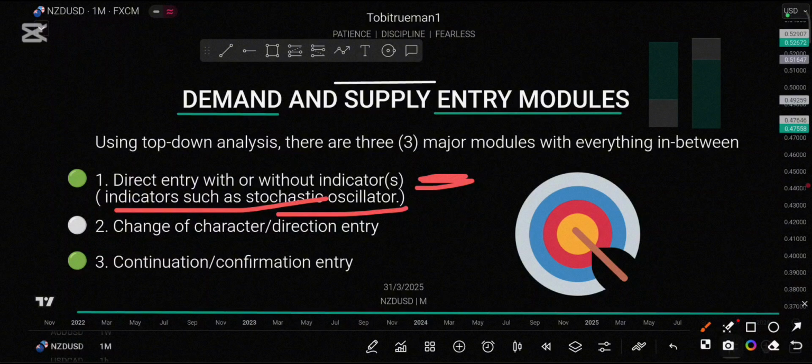We can also do it without an indicator, whereby we just look at the chart and the candlestick patterns, like the morning star, evening star, bullish engulfing, bearish engulfing, and try to spot our fresh zone.